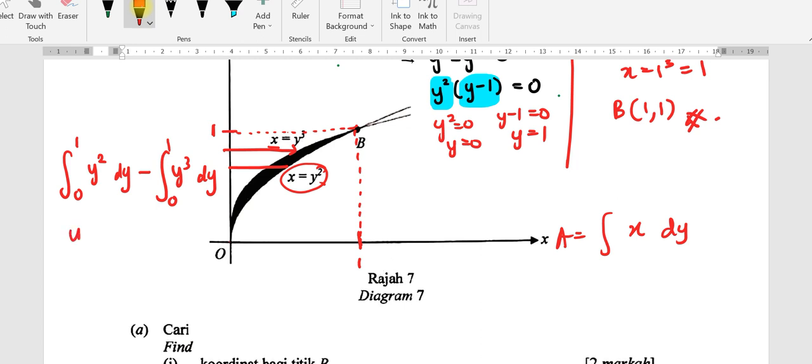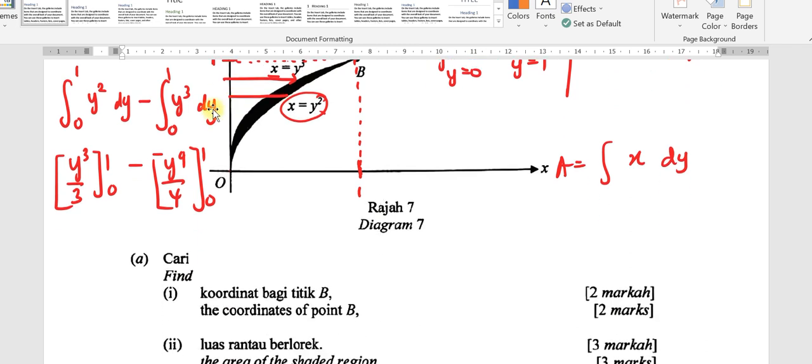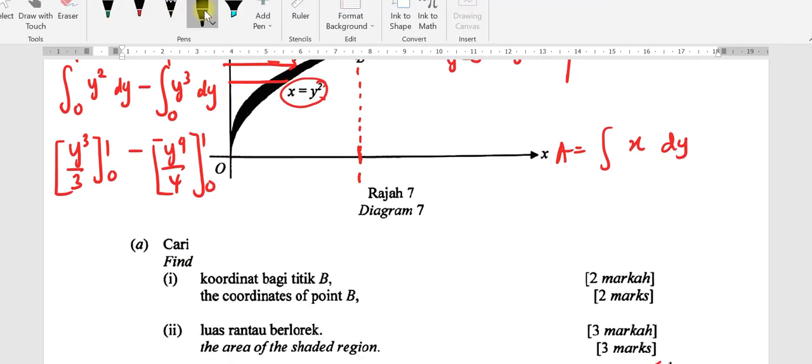When you do this, what do you get? Y cube over 3 from 1 to 0, minus y to the power 4 over 4, also from 1 to 0. Substituting, we get 1 over 3 minus 0, minus 1 over 4 minus 0.